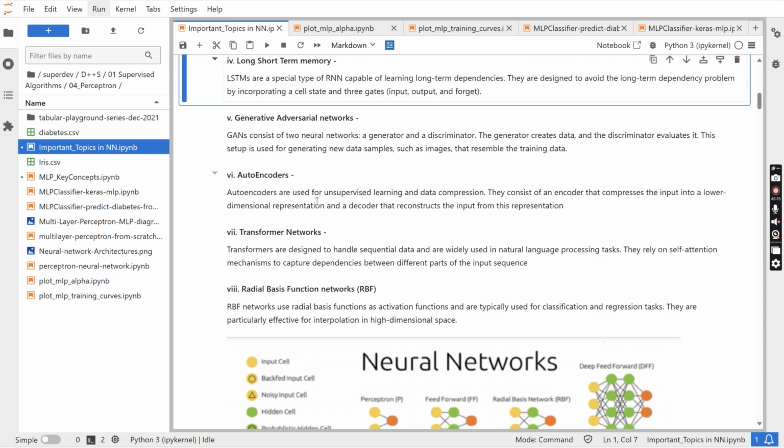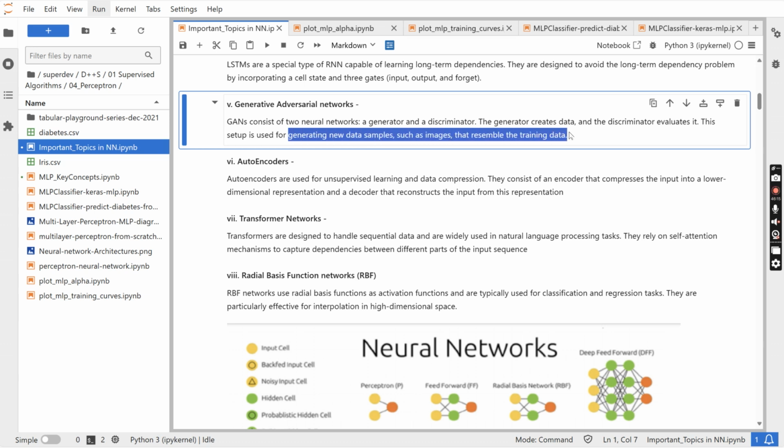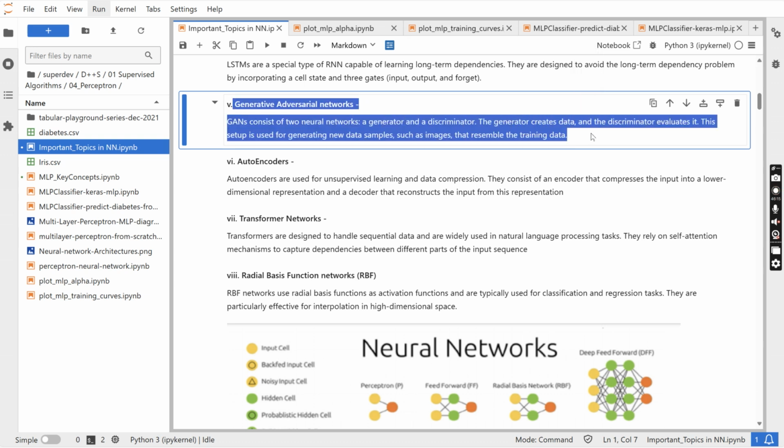Next is GANs. Now GANs are very interesting. GANs have something called a generator and a discriminator. The generator's job is to generate data, and the discriminator will evaluate how good the data is as compared to the original data. This is used for generation of images that look very similar to training data, and GANs are the building blocks.